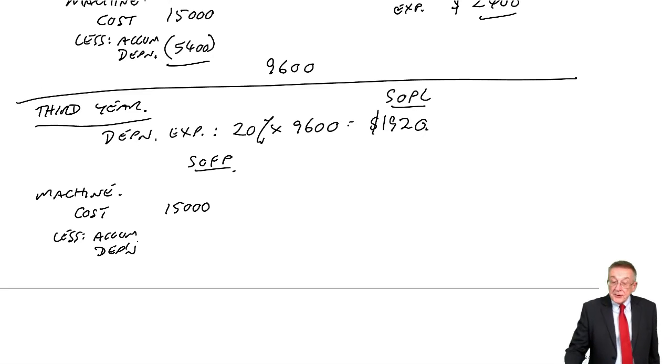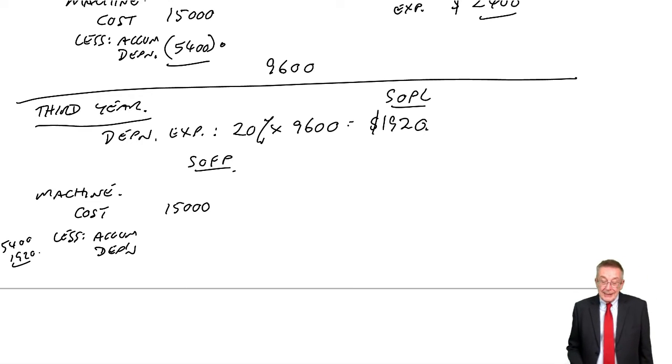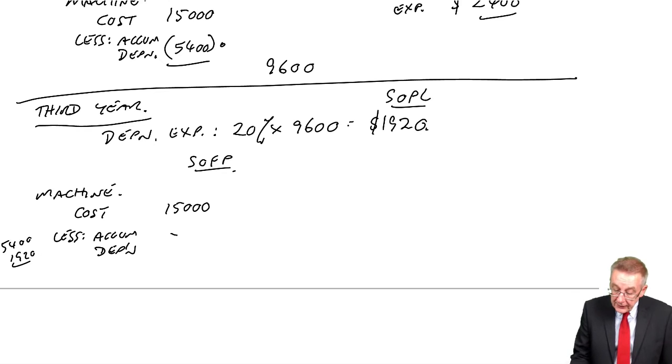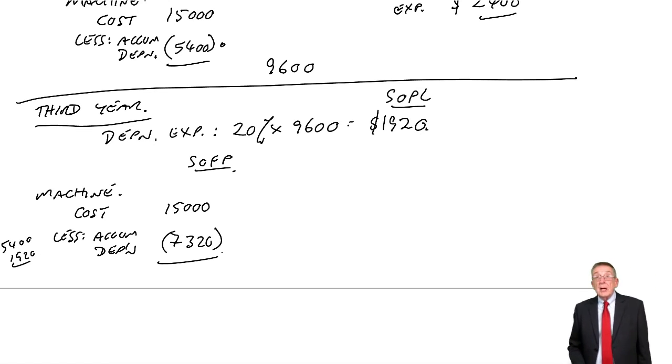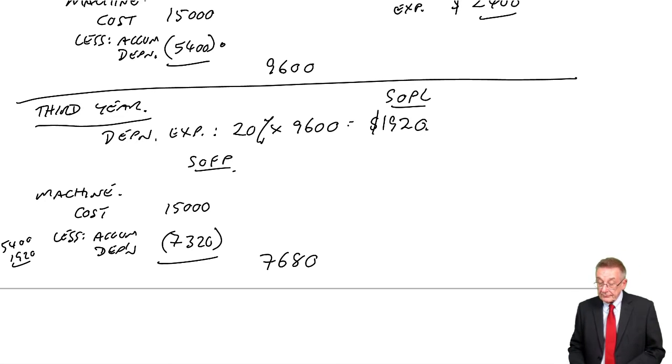Well, we've had 5,400 so far. This year, another 1,920. So the total is what? 7,320. And so the value on the statement will fall to 7,680.